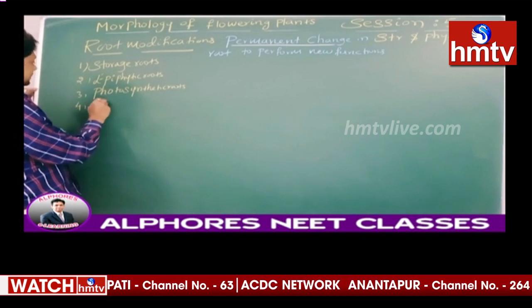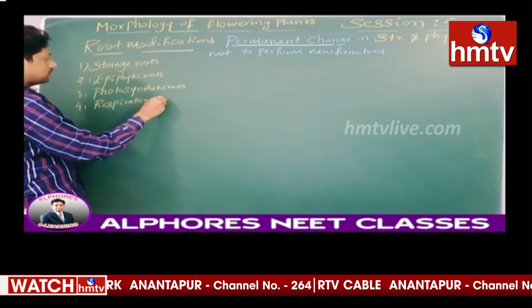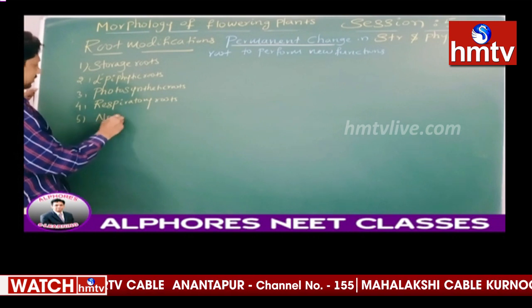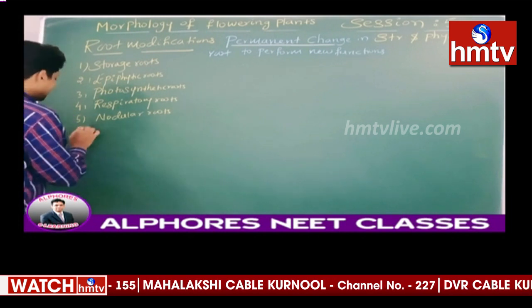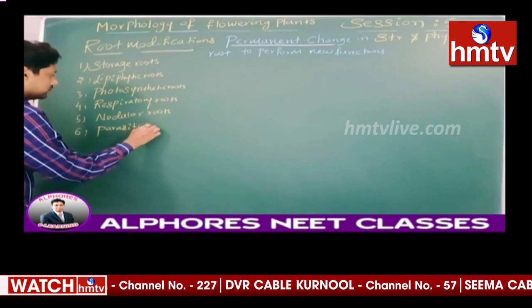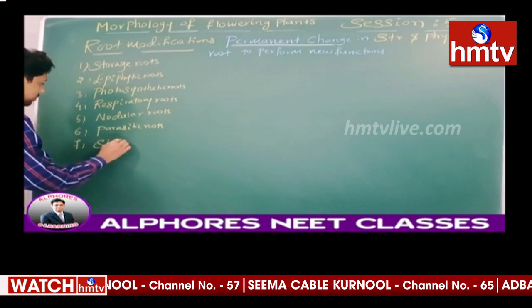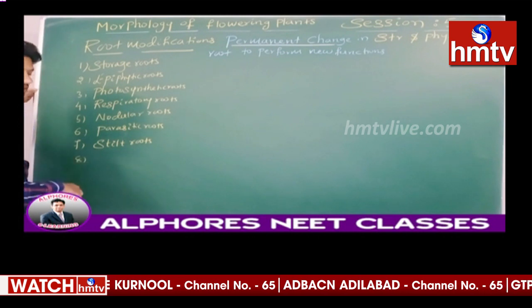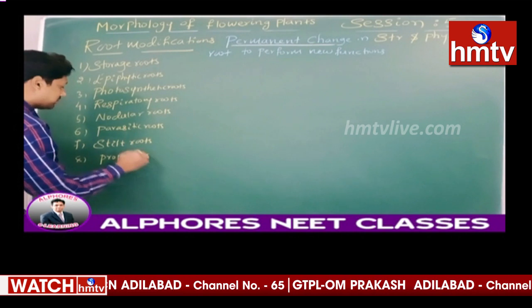Number five, nodular roots. Number six, parasitic roots. Number seven, stilt roots. Number eight, prop roots.